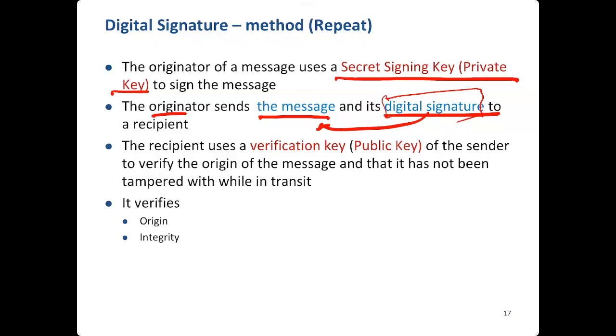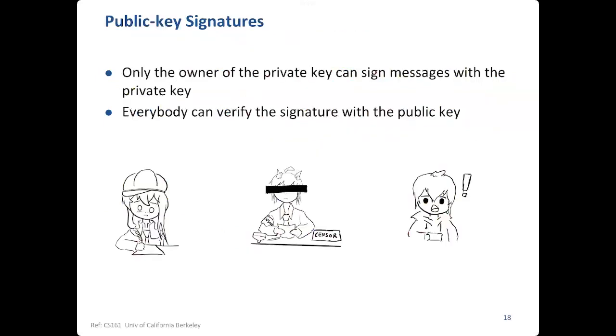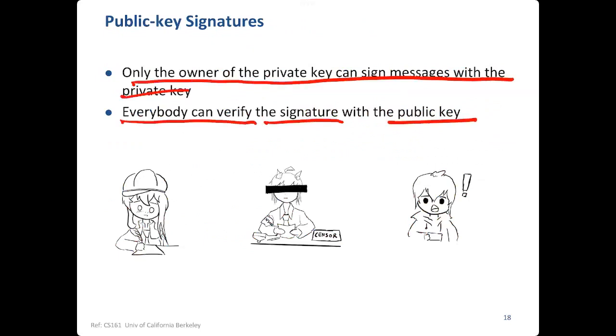All right. So basically, digital signatures verify the origin, that's Alice has sent it, and the integrity. If the document is changed, then one will come to know about it. Or if the signature is changed, then even then Bob will come to know about this, right? Only the owner of the private key can sign the message. This we have already studied, and everybody can verify the signature with the public key.